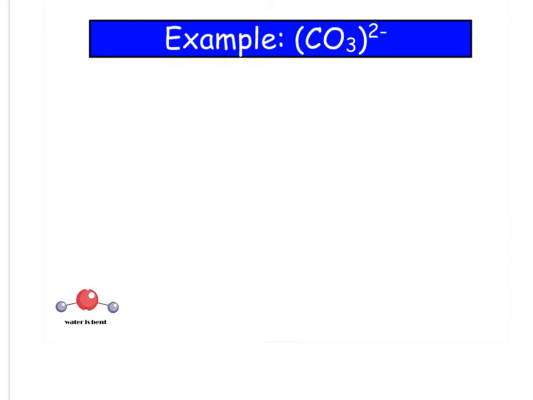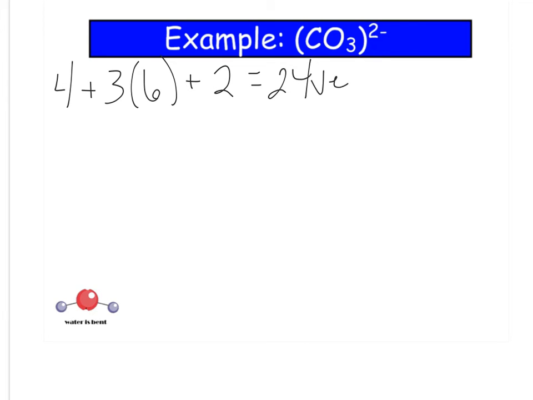Carbonate. All right, so carbon's got 4 valence electrons plus 3 oxygen, and each oxygen has 6. And then we've got to add in our formal charge, so 2, so 6 and 18, 24. Okay, so carbon, I'm just going to add my oxygens around carbon.